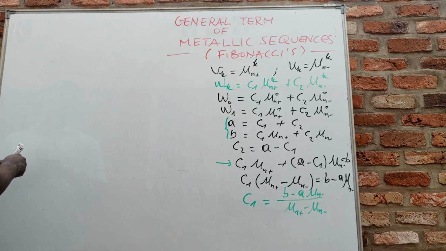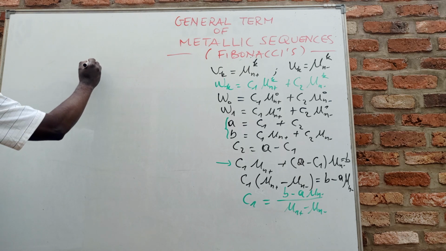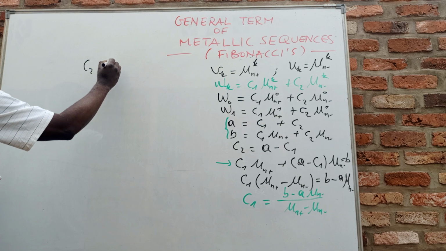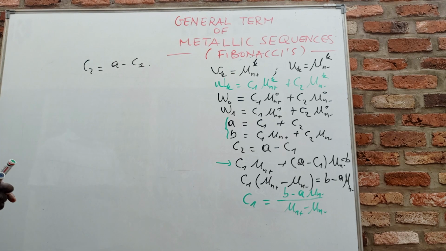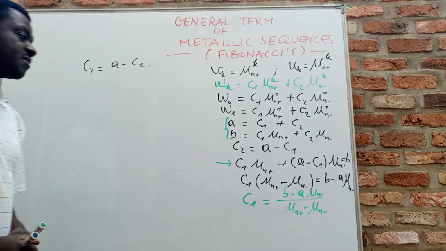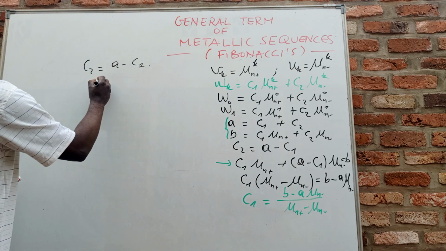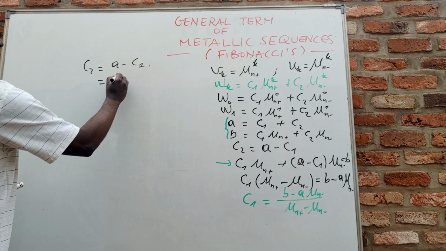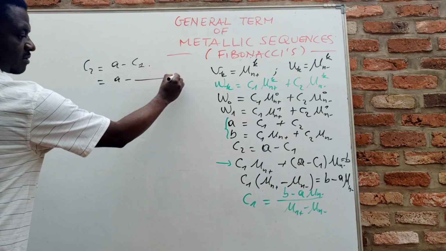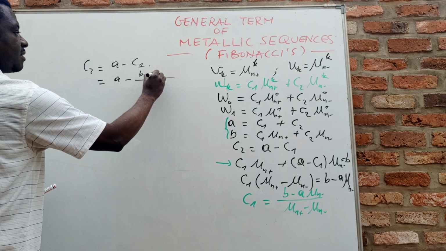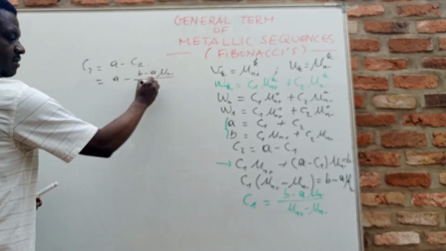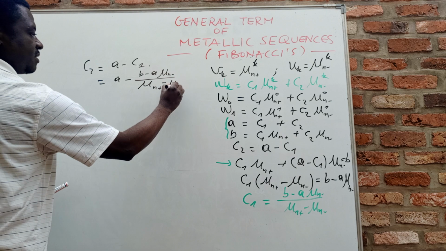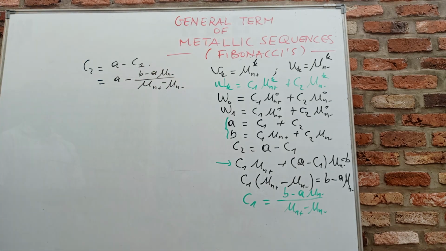So C2 here is going to be, we know it is A minus C1. So C1 we know, and then we get A minus this quotient, B minus A mu_n minus over mu_n plus minus mu_n minus. Okay, so this is the value of C2.